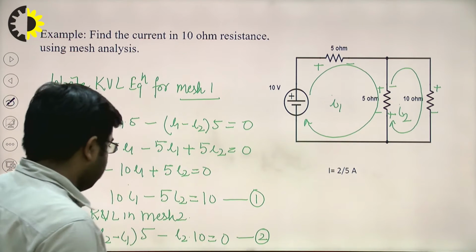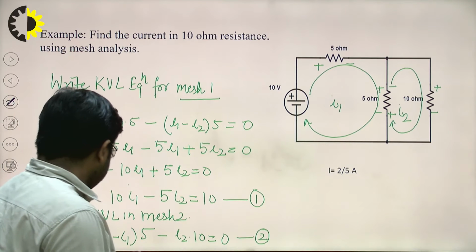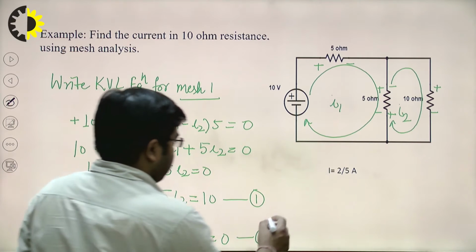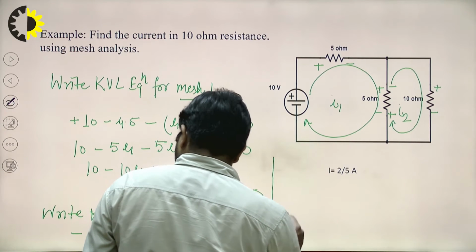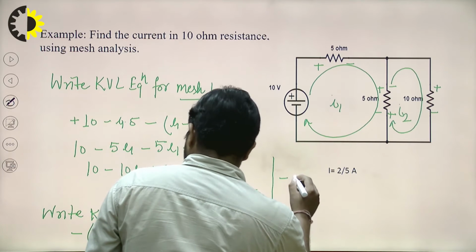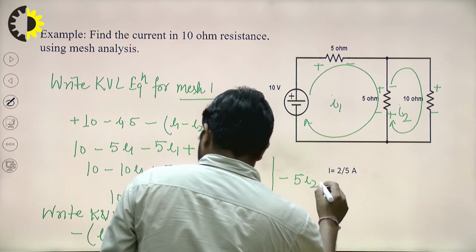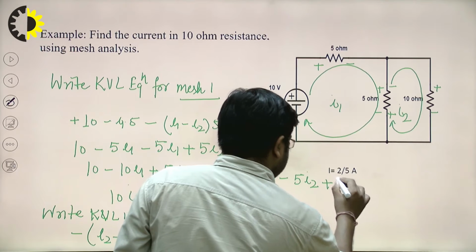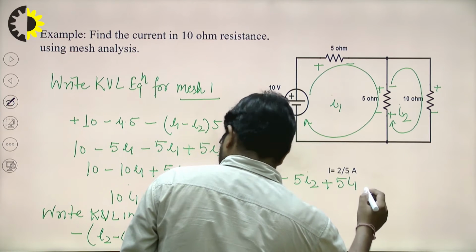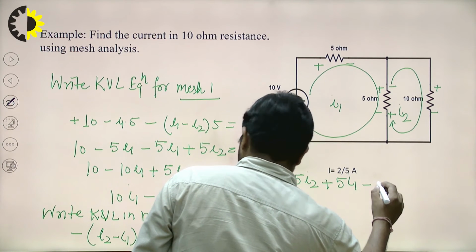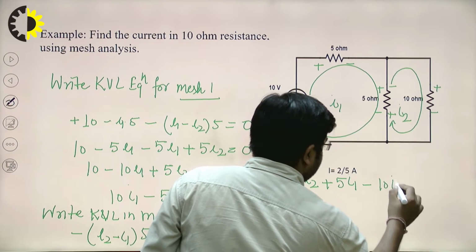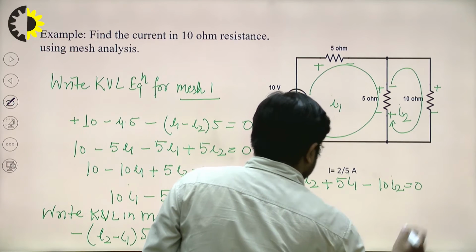Suppose, sorry, first rearrange this equation. So here you can write minus 5 I2 plus 5 I1 minus 10 I2, that is equal to 0.